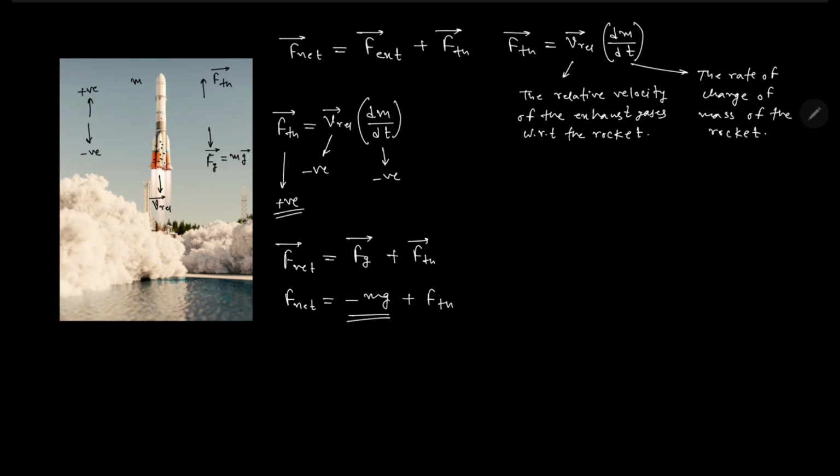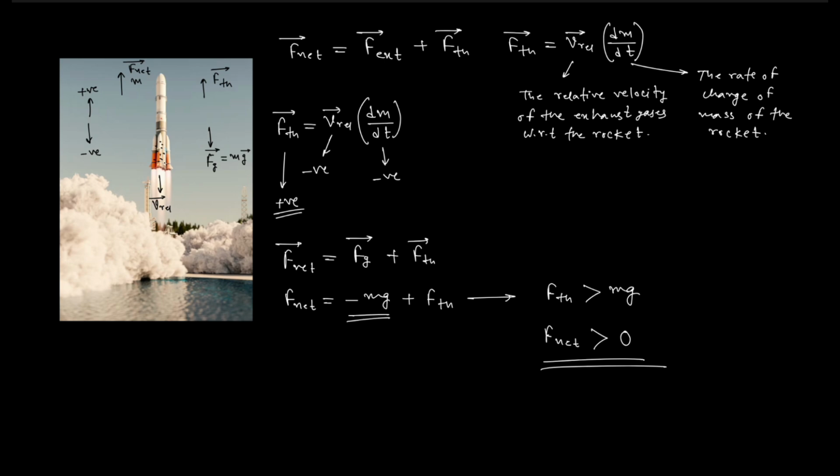We took the minus sign because it's acting along this downward direction. From this equation, it is pretty evident that if this thrust force is bigger than the gravitational force m g, then your net force will become positive. And positive means that it will act upon this rocket along this upward direction, and in that case your rocket will just lift off.